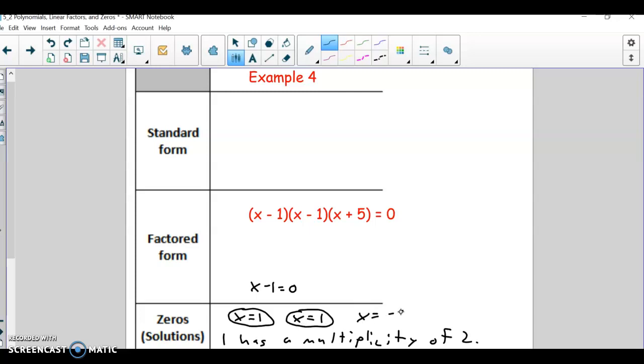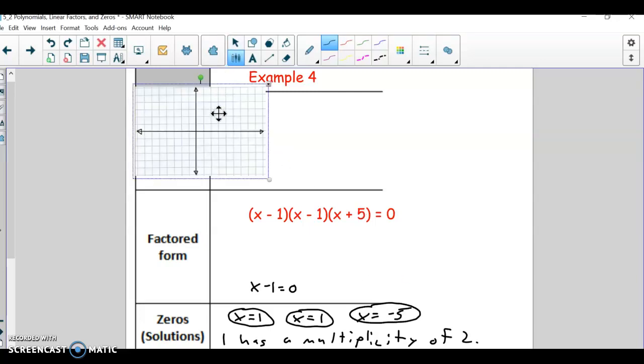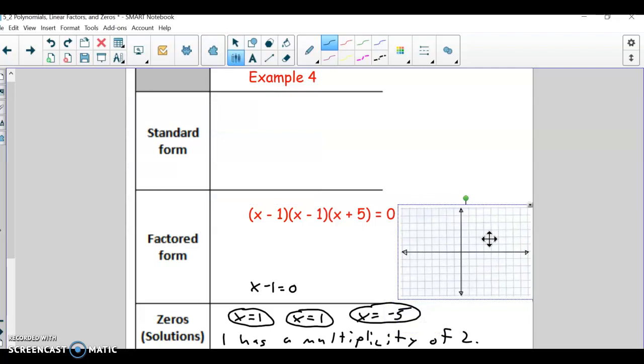Okay, and then we've got x equals negative 5, and that's just a single answer. And that is significant for a couple reasons. One, when you do the graph of this, what actually happens is it's going to bounce at the multiplicity. So if this one has 3 answers, so it's a cube shape again, that squiggle we've been drawing, and it's going to cross at negative 5 for sure.